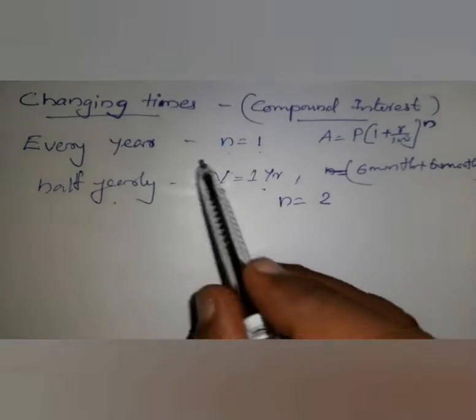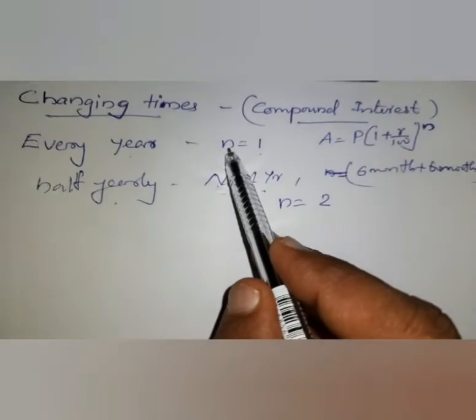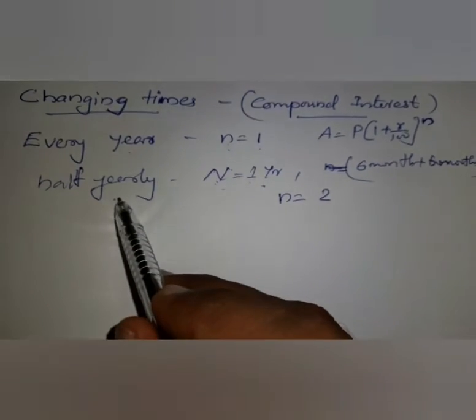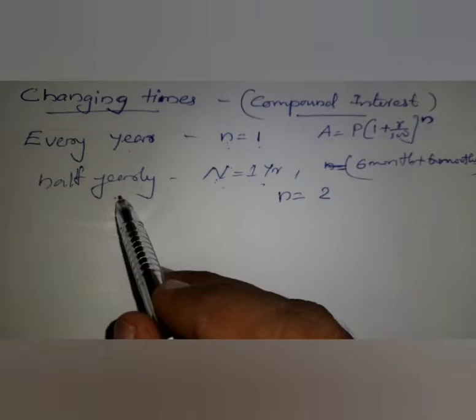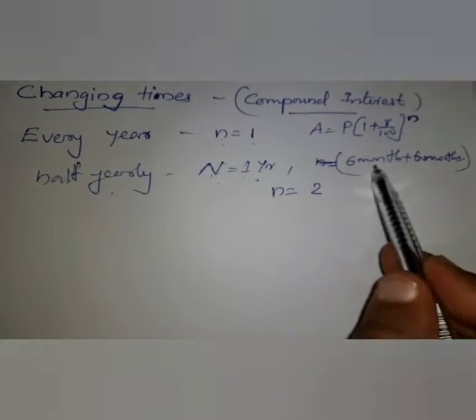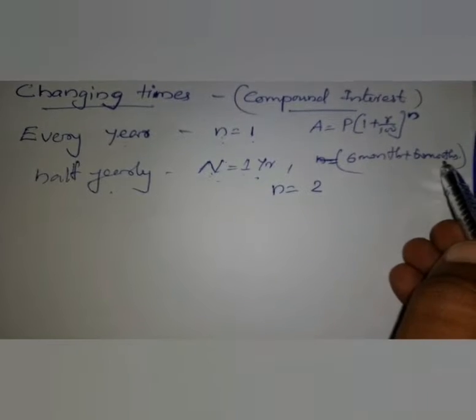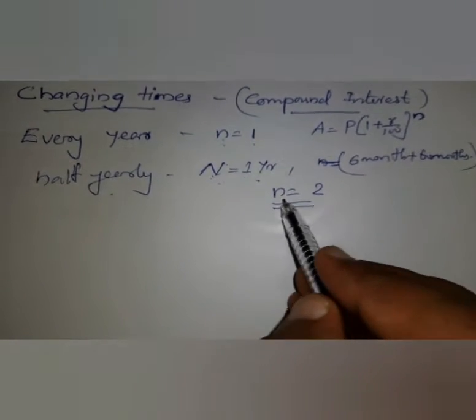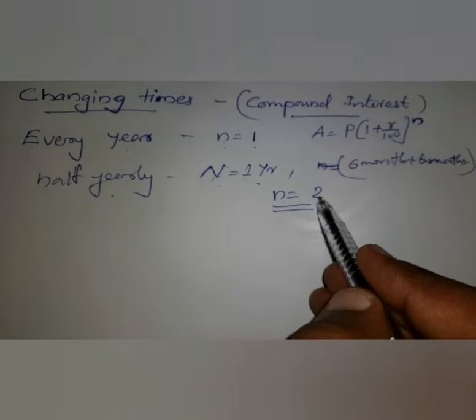So if every year it is calculating, both are 1 only. But if the compound interest is calculated half yearly for 1 year, means every 6 months the interest is calculating, so we can write small n is 2 times. So n is equal to 2.